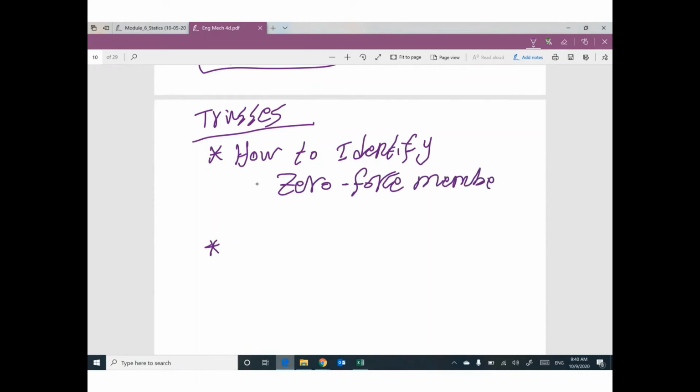You can look at the truss and say, hey, the force in this member is 0. We have 2 cases. Do you remember them? Case number 1 and case number 2.